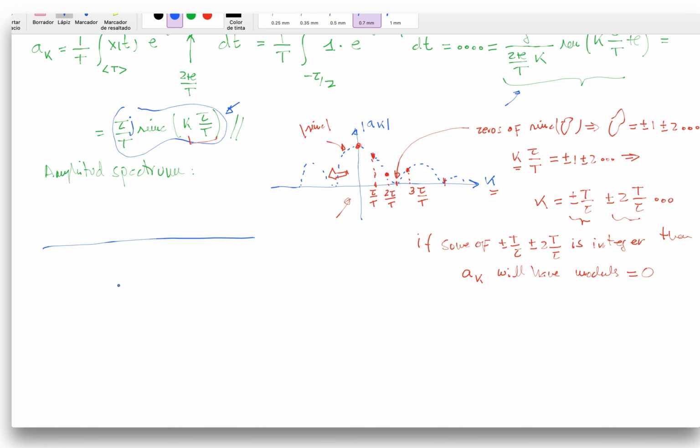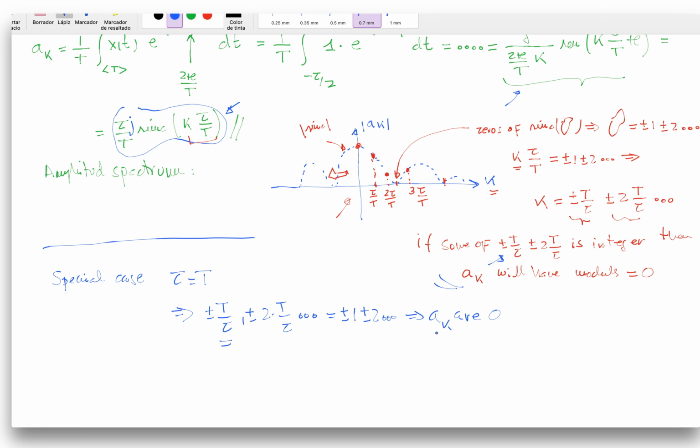Let's do a special case, which is when the tau value equals the capital T. If capital T is the same as tau, then these values, plus or minus capital T divided by tau, plus or minus 2 times capital T divided by tau, etc., are always integers, because tau is equal to capital T, so this will be plus or minus 1, plus or minus 2, etc. So in this case, all the a sub k are 0, if you just apply what we found over here.